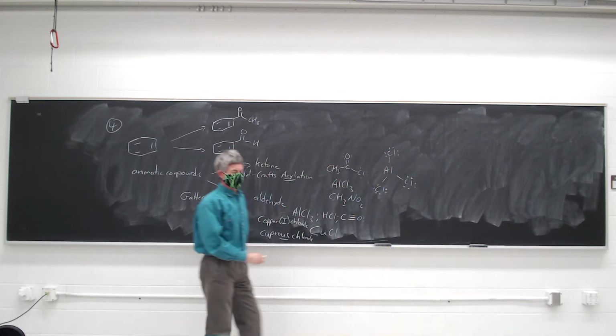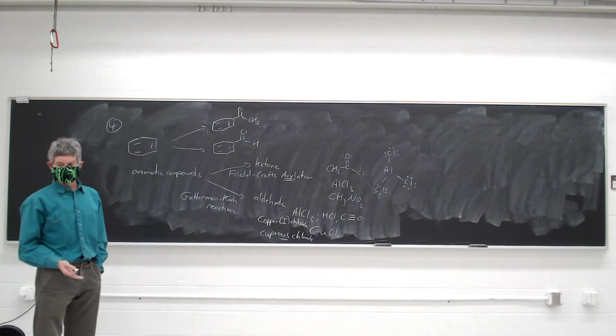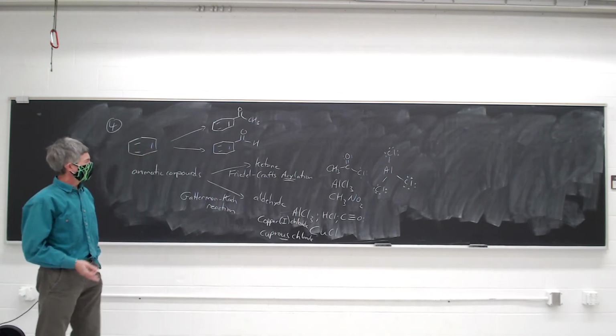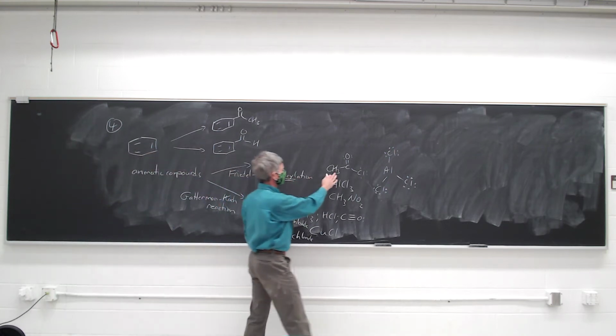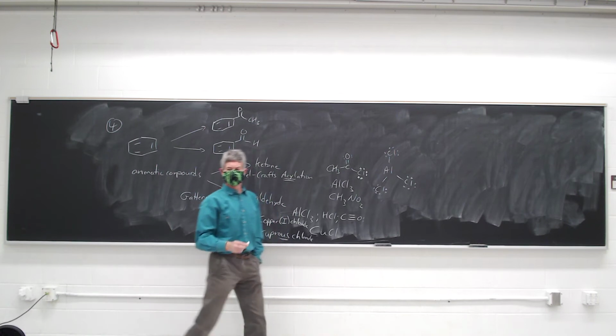We have aluminum chloride, which is electron deficient, with aluminum having an unfilled octet. And we have a reagent that has atoms with lone pairs.